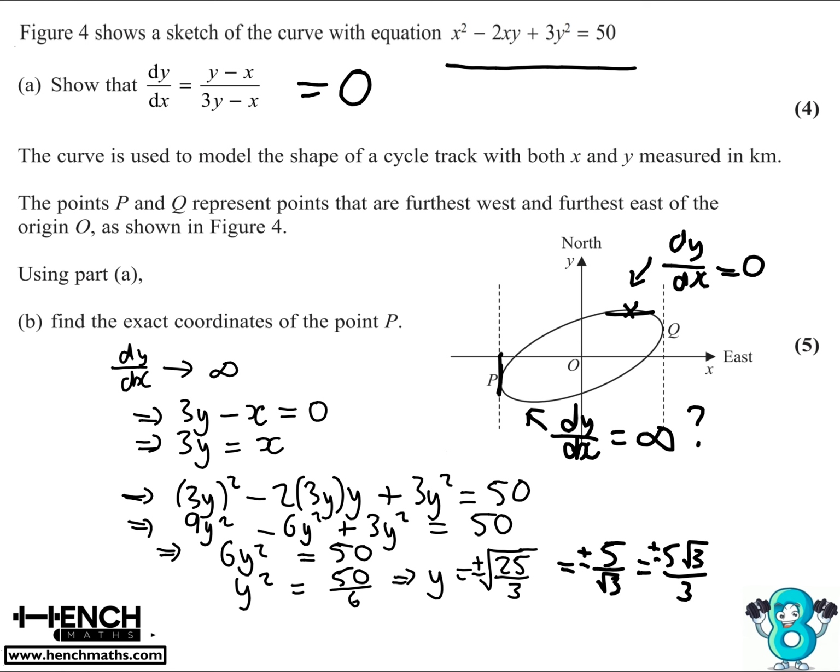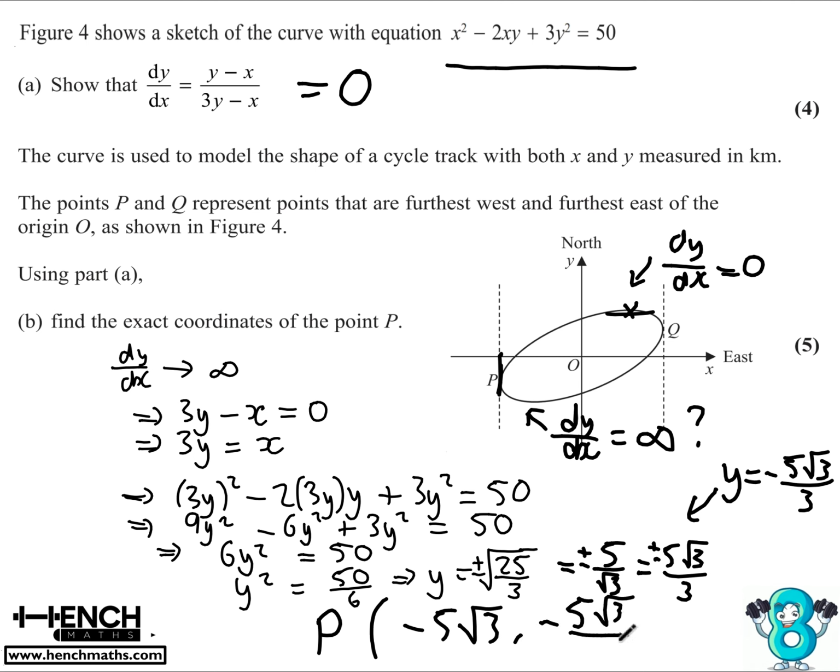Now P is the negative version of this, so we take y to be negative 5 root 3 over 3. Our x is 3 times y, so we multiply that by 3 and they cancel out. So our point P is going to be negative 5 root 3, negative 5 root 3 over 3.